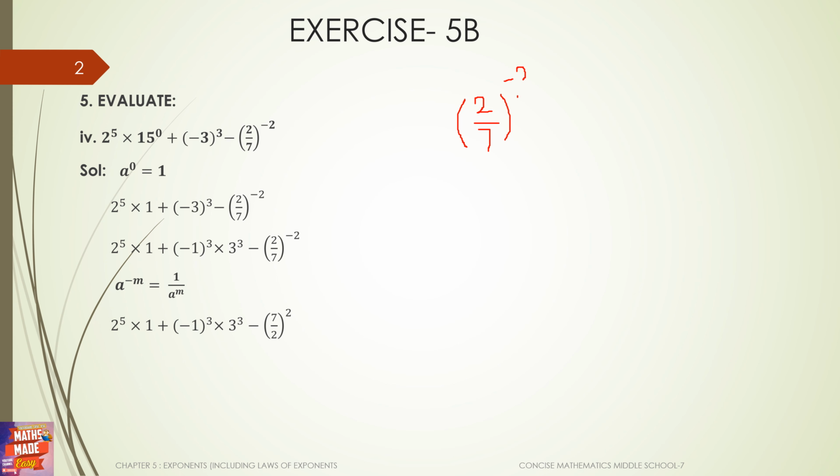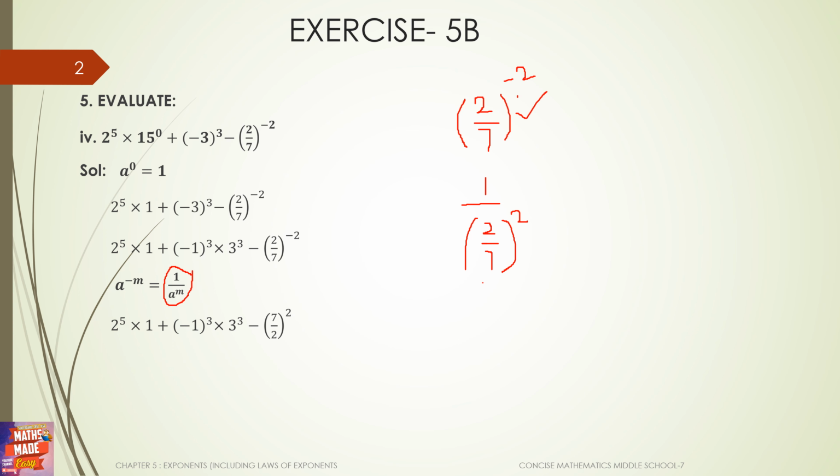So for changing the power into positive, I am going to apply this formula, that is 1 by a to the power of m. Isn't it, children? That is 2 by 7 whole to the power of 2. Right? I have just substituted in this value, that is 1 by a to the power of m.